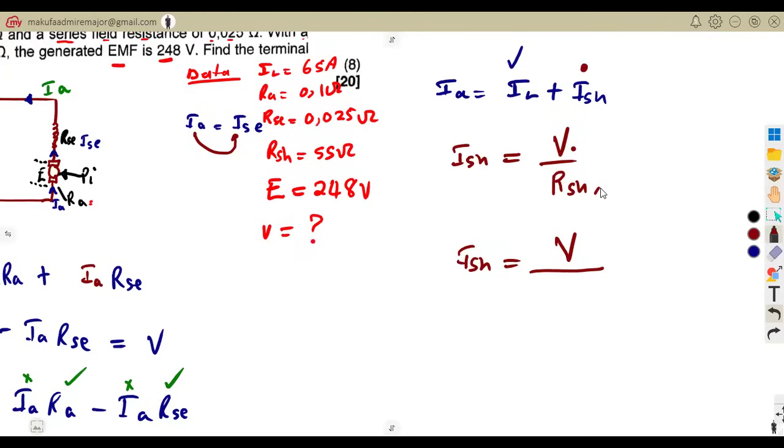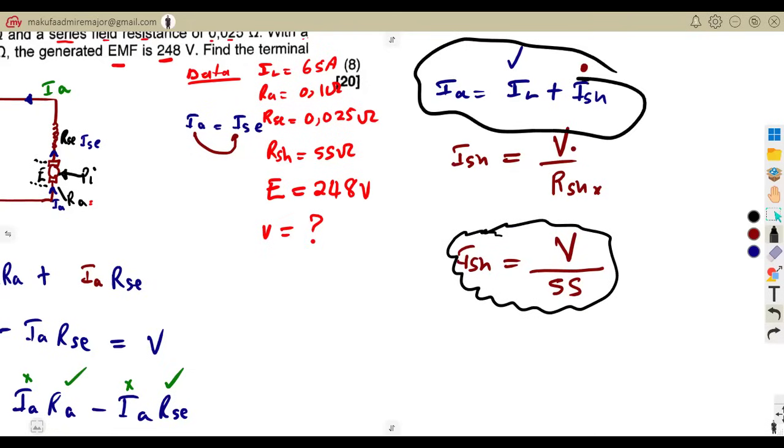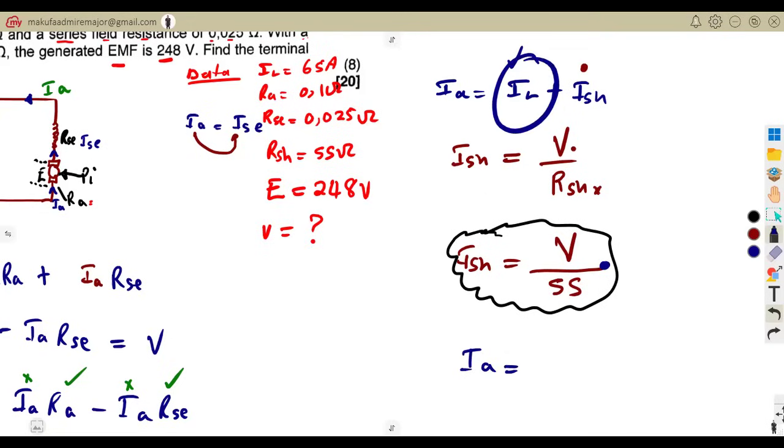But the shunt resistance we are given. What is our shunt? That is 55. So meaning to say this is the presentation of the shunt current. If the shunt current can be presented this way as V over 55, therefore the armature current can be written in terms of V also, because armature current is equal to the load current, which we are given as 65 amps, plus the shunt current, which we calculate in terms of V. So there we are forced now to leave our answer in terms of V. So it's going to be V over 55.